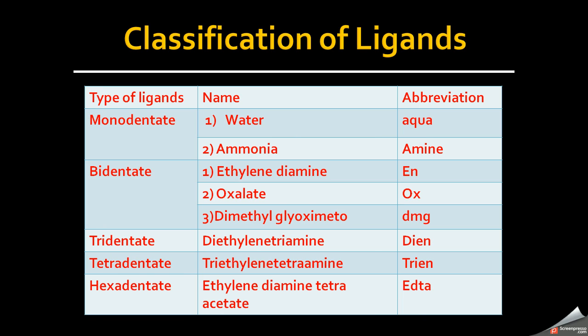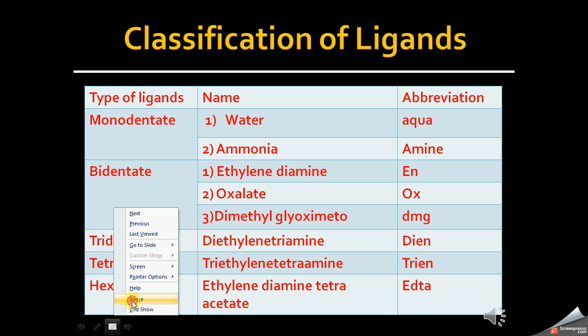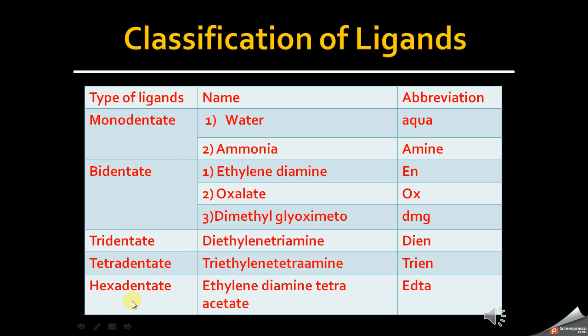Let us see the classification of ligands and their examples: types of ligand, name, abbreviations. Monodentate examples are water, H2O, abbreviated aqua, and ammonia, NH3, abbreviated ammine.